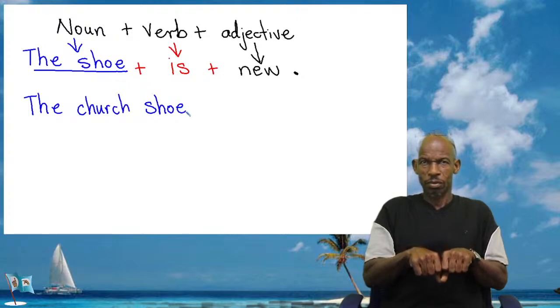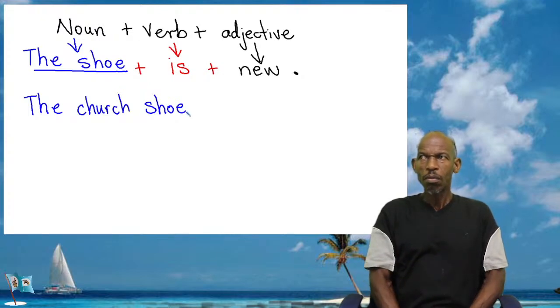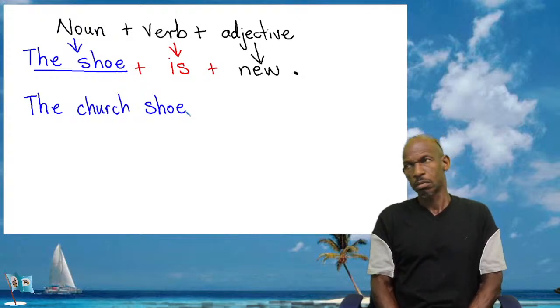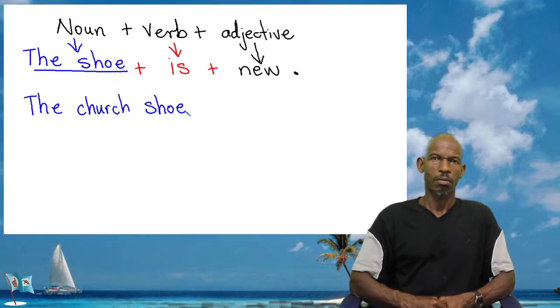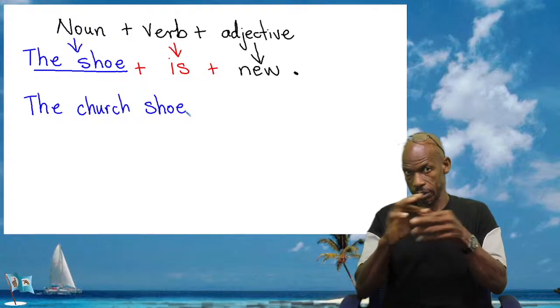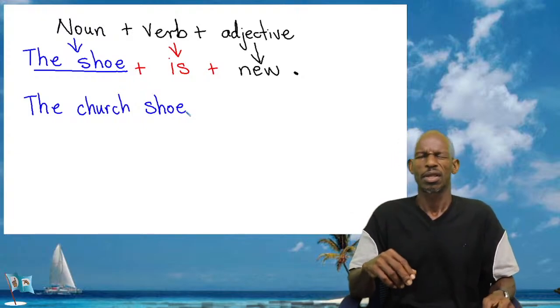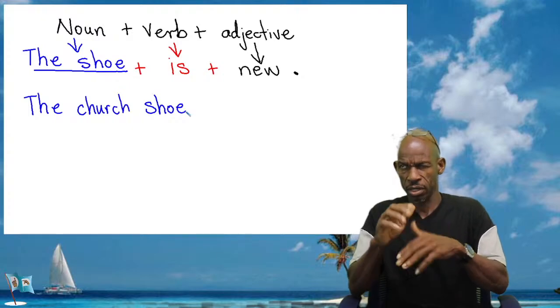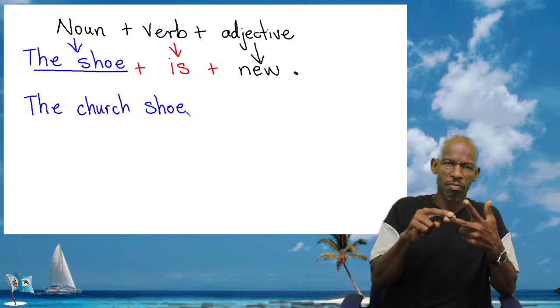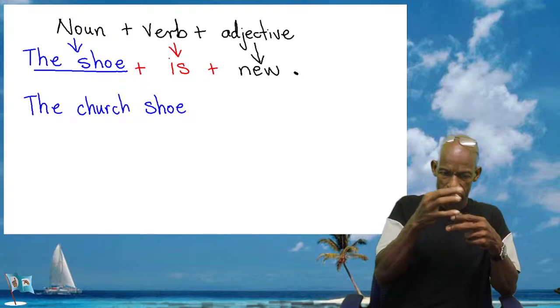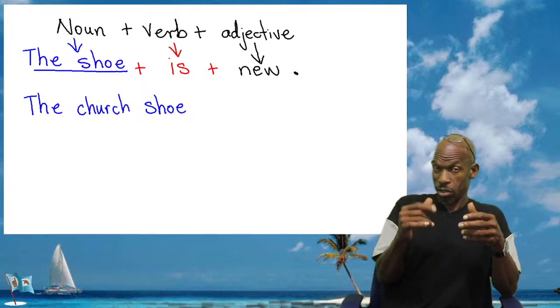Instead of writing the shoe, she wrote the church shoe. This is another level of sentences, another type of sentence further on. I could have gone into this other one also, but I selected the simplest one. This is a simple sentence.